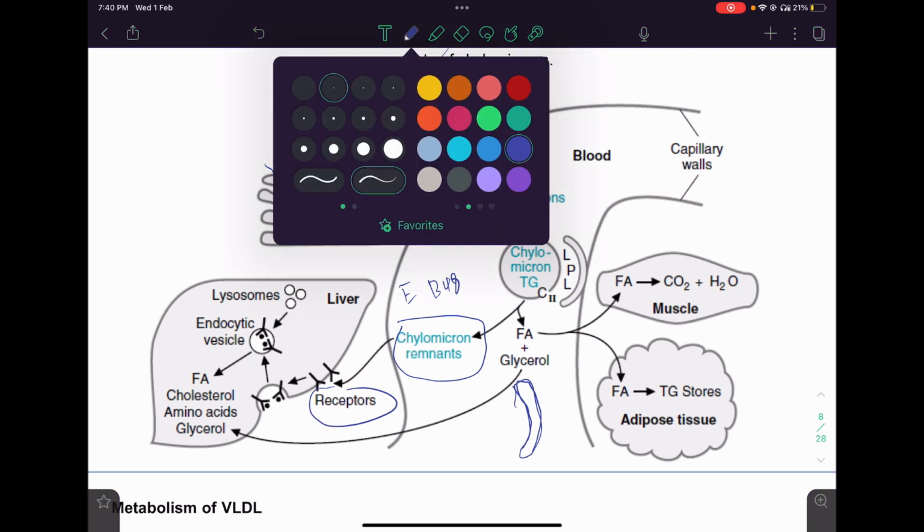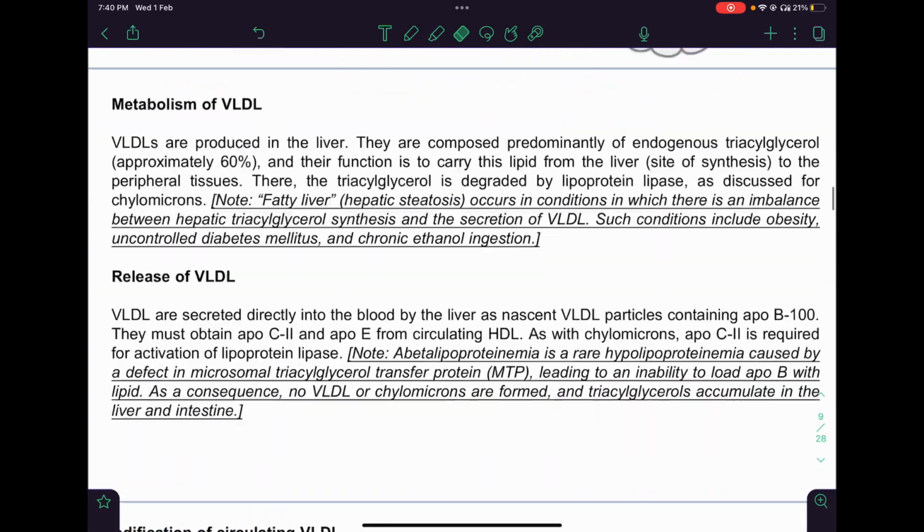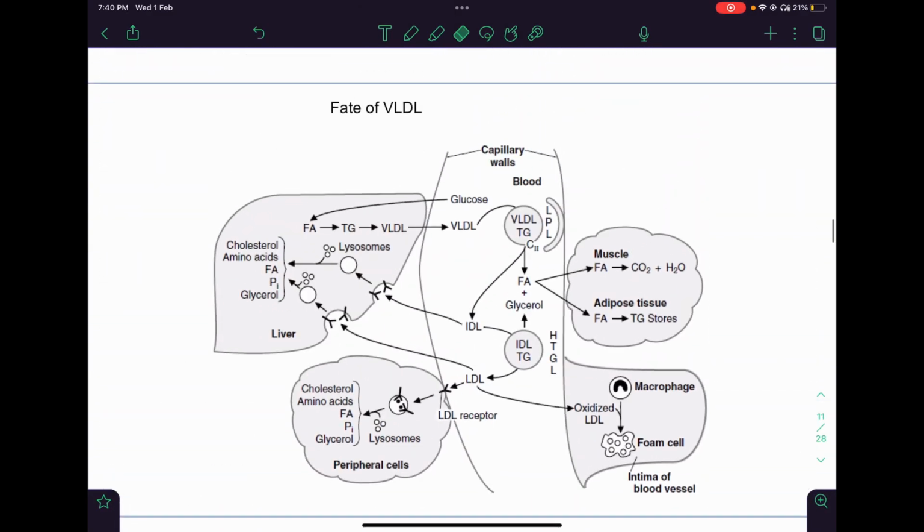Now we go to a specific pathway, which is the VLDL, and eventually we'll be discussing all the disorders one by one at the end. I'll tell you what is defective in each. VLDL, and we will compare VLDL with chylomicron because they have a little bit of similarities and a little bit of different things.